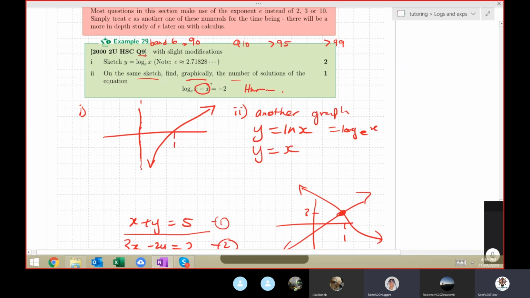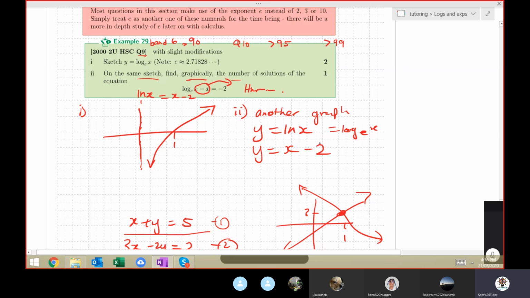You've got to bring this negative x over to the right hand side. What you're solving for is ln x equals x minus 2. When the y's are equal, you write ln x equals x take away 2, then you would subtract your x over to the left hand side. Right, that's what they've done.